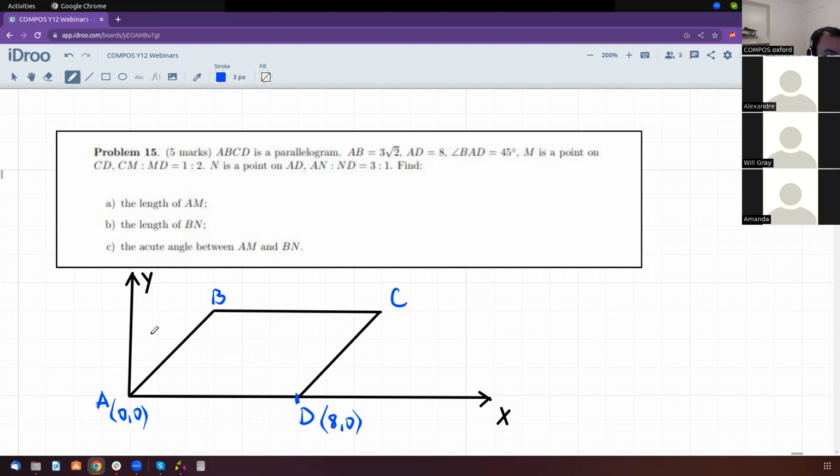B. Now this is 3 square root of 2. So what are the coordinates of B? Somebody tell me. You can shout out.